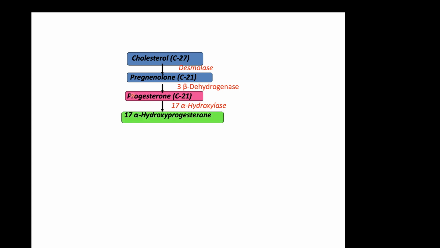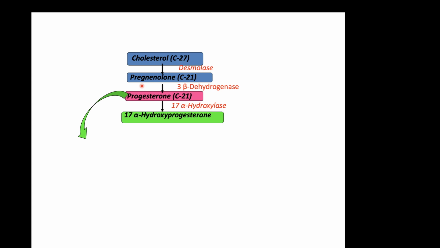This progesterone will lead to synthesis of 17 alpha hydroxyprogesterone. However, in the synthesis of aldosterone this step does not take place.